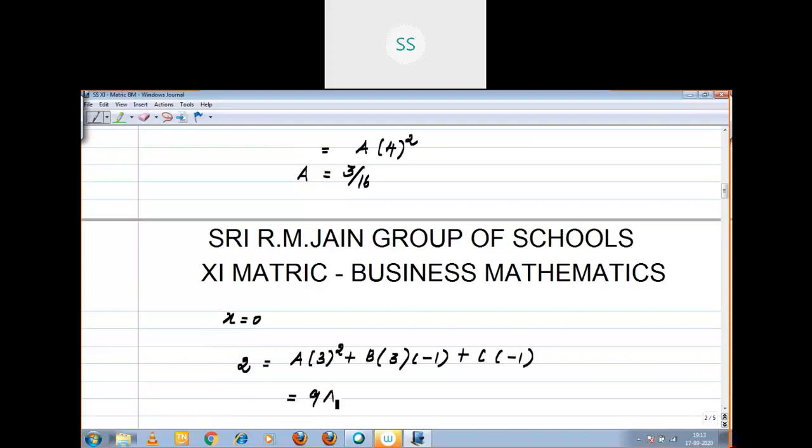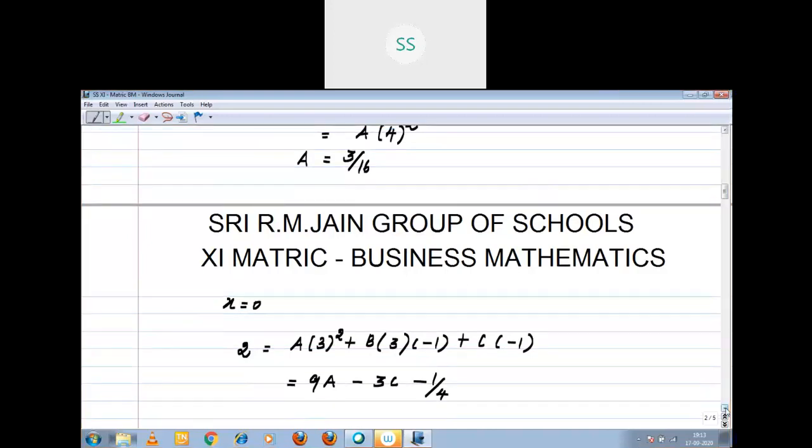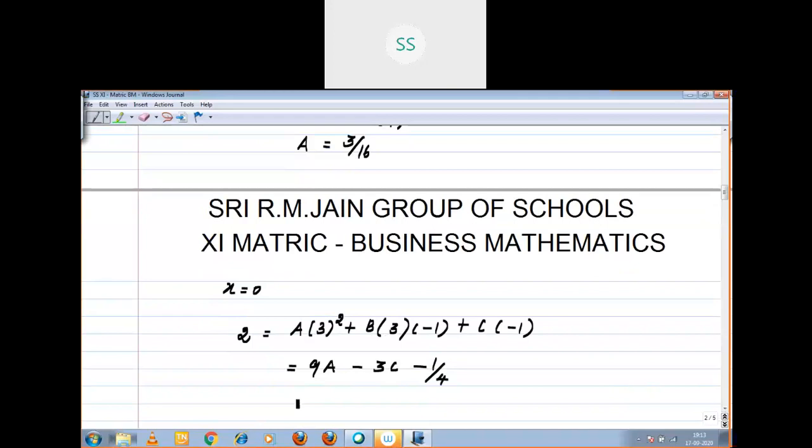Now 9a minus 3b minus 1 by 4, because the c value you know is 1 by 4. The a value also I am going to substitute. What is the a value I arrived at? 3 by 16. 9 into 3 by 16 minus 3b minus 1 by 4.